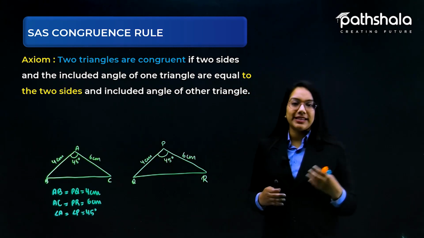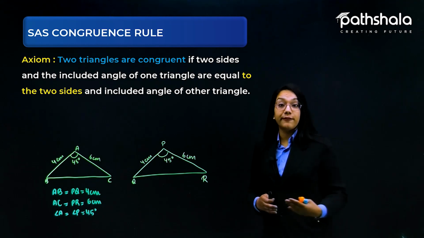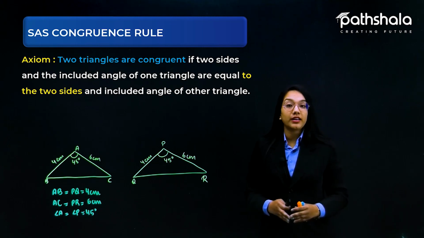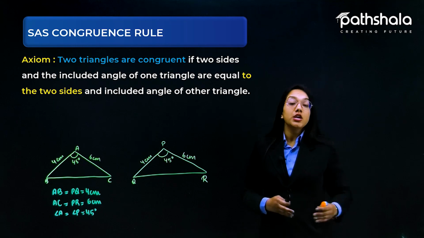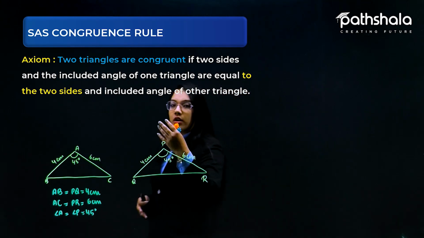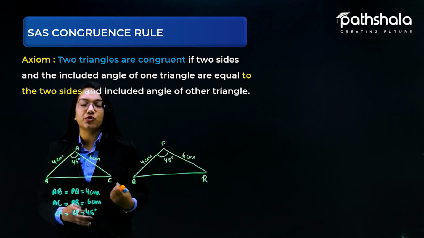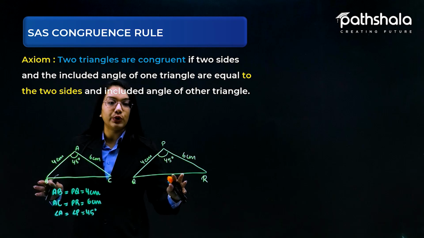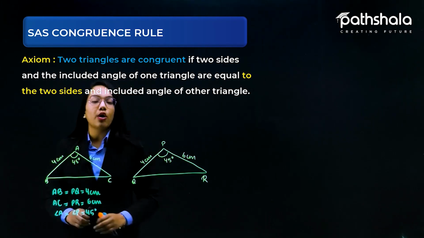The SAS congruence rule says that two triangles are congruent if two sides and the included angle of one triangle are equal to the two sides and the included angle of the other triangle. From this axiom we can say that these two triangles are definitely congruent to each other because of the SAS congruence rule.